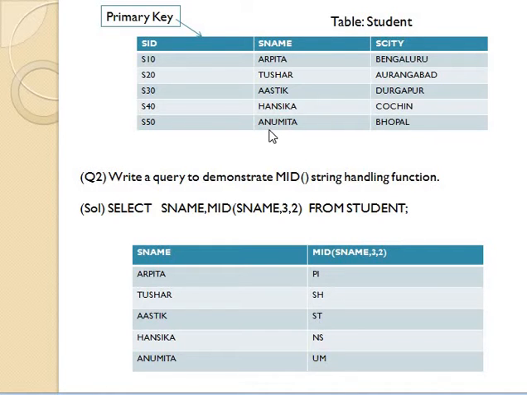And finally for the last entry Anumita, the letter at position number 3 is U, and including the letter M, it gives UM, which gets extracted into the output table, as two characters need to be extracted starting from the letter at position 3. So once we execute this query, we get the following output with the columns sname and mid of sname, 3, 2.